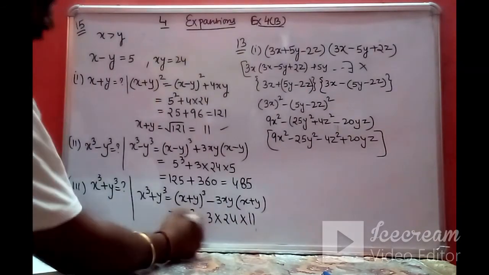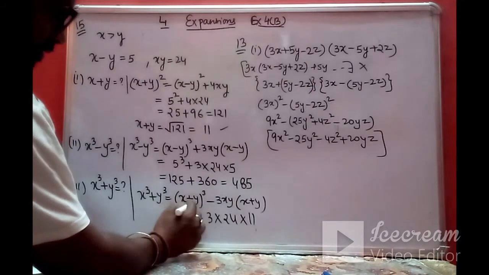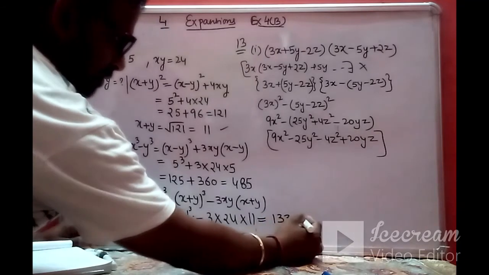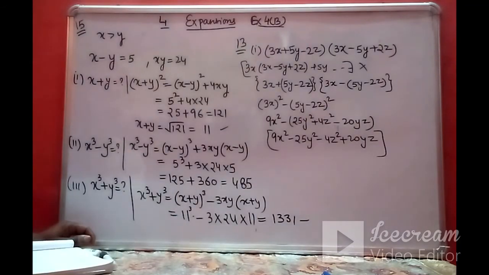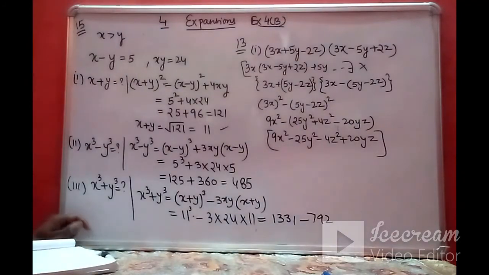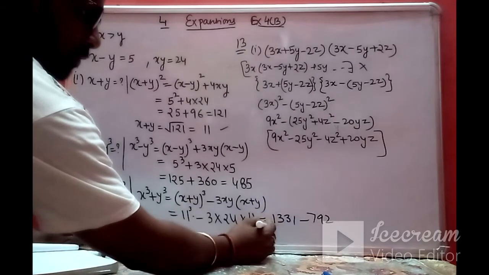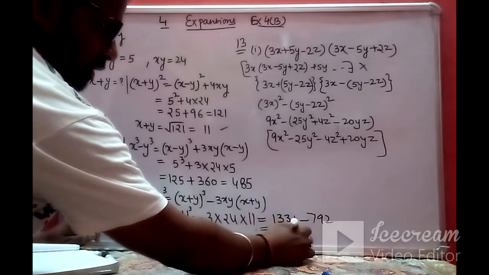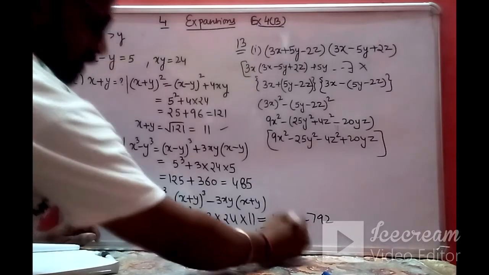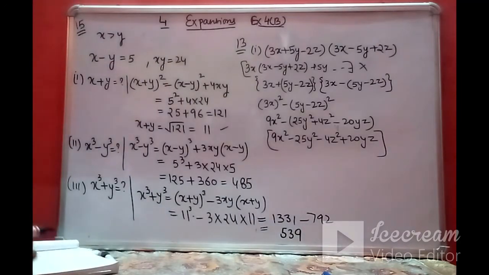What is 11 cube? 11 cube is 1331 minus 792. So when we solve, we will get 539.